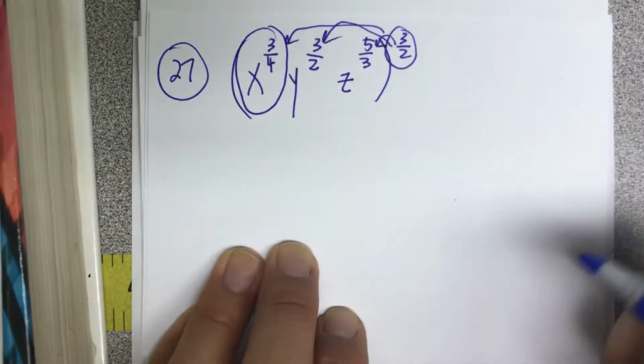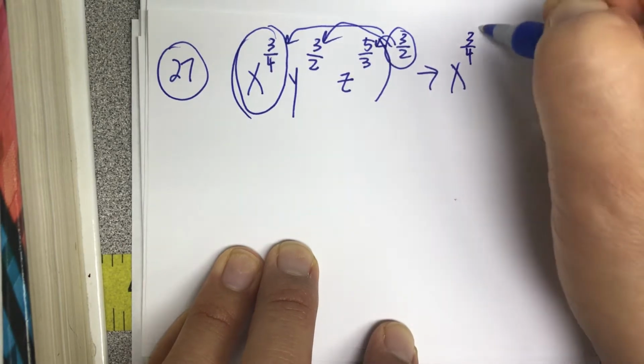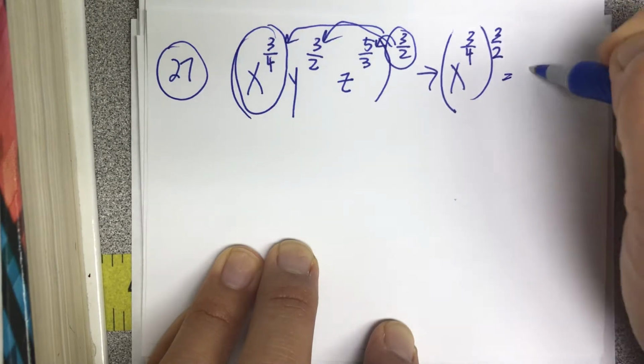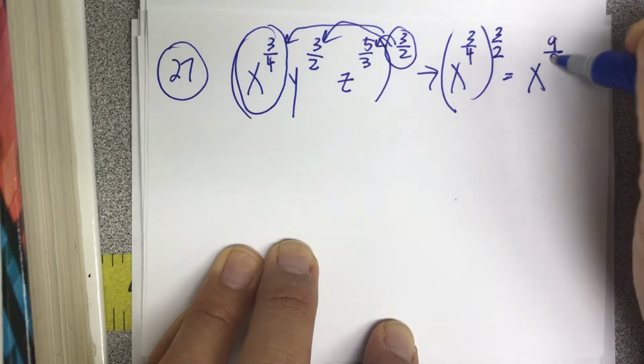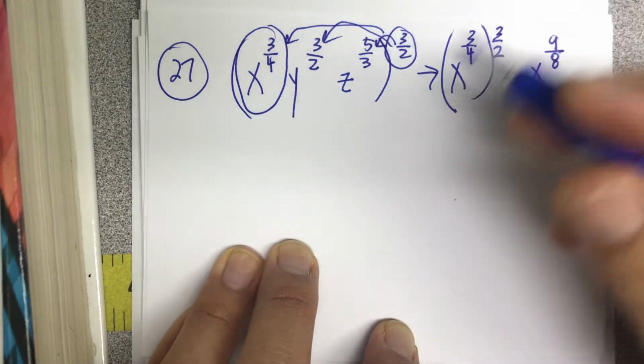We're going to start with bite-sized pieces, okay? So x to the 3/4 to the 3/2. So that's going to be x to the 9 over 8. Okay, so that's going to be our answer that we want to find in one of these.